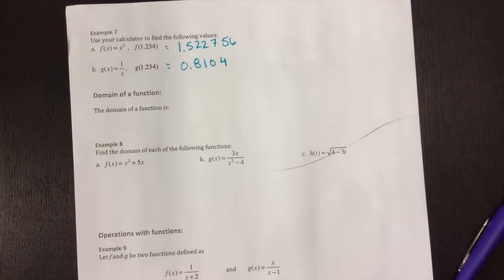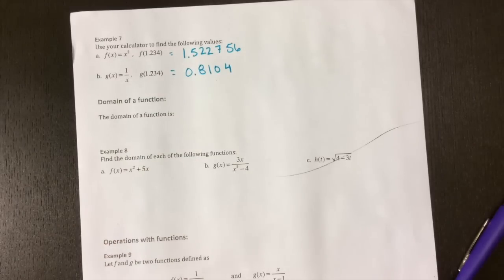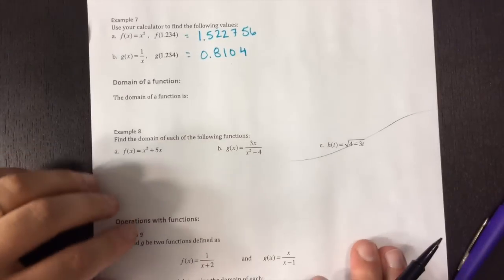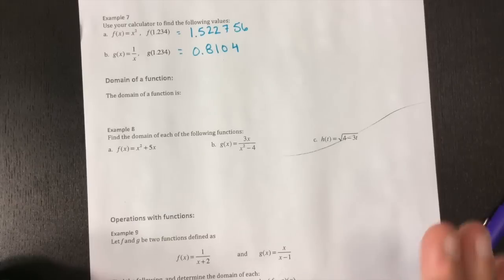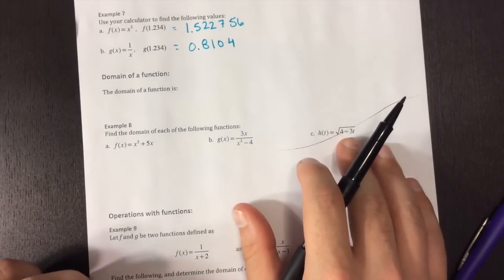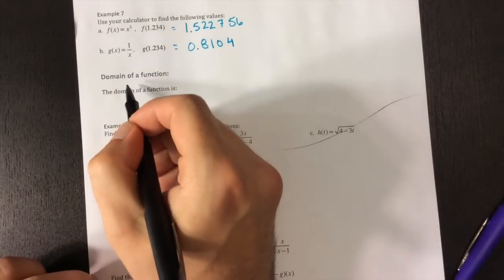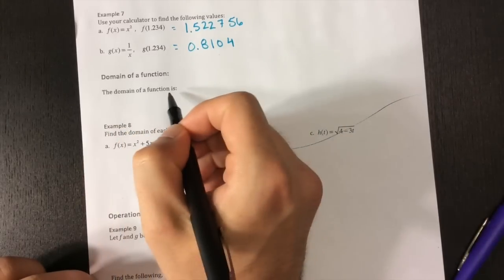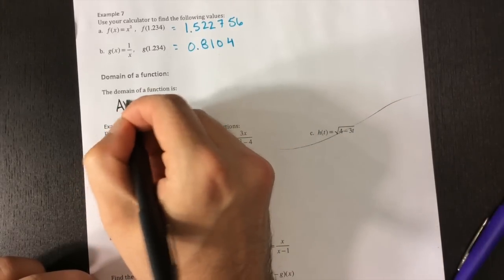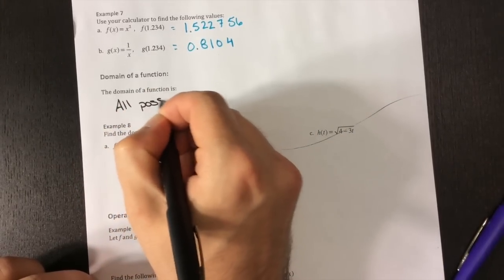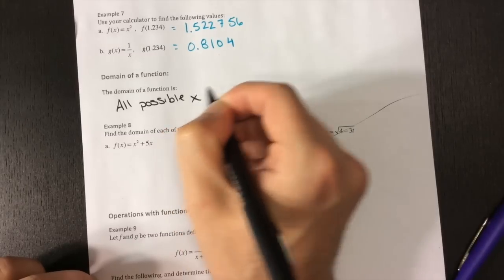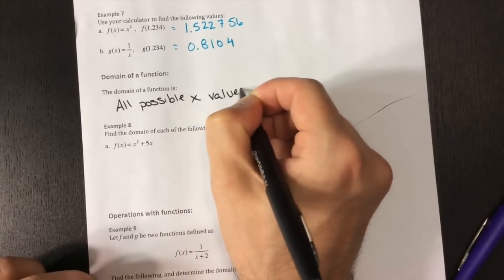All right. Last couple ones. These are the ones that are kind of scary, that a lot of people struggle with. So hopefully we'll try to make this as easy as possible. Domain of a function. The domain of a function is all possible x values.